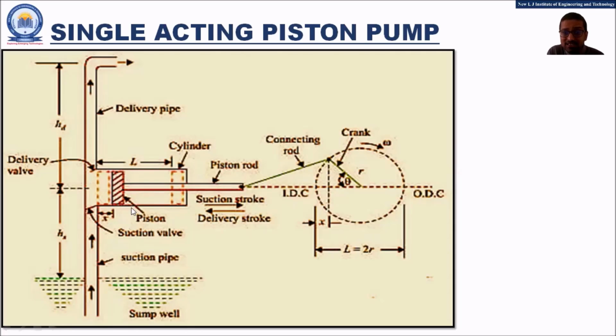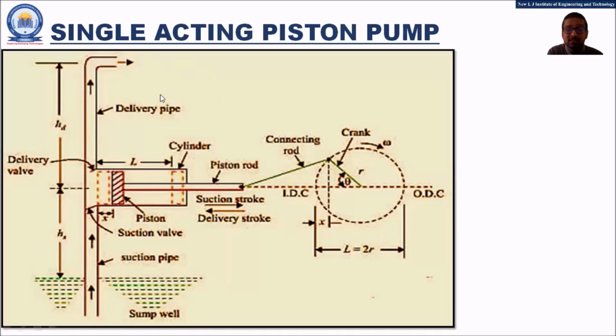The water which is initially filled in the cylinder will be pressurized, compressed by the piston. So now the pressure in the cylinder will be increased significantly. At these higher pressure conditions, the delivery valve will be opened and now the water will be transferred to the delivery pipe and finally to the delivery tank.